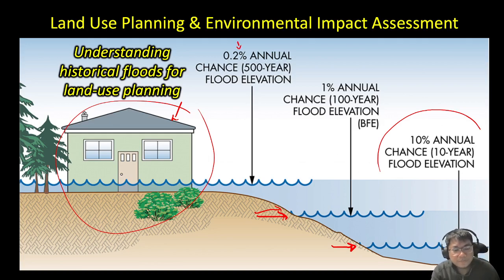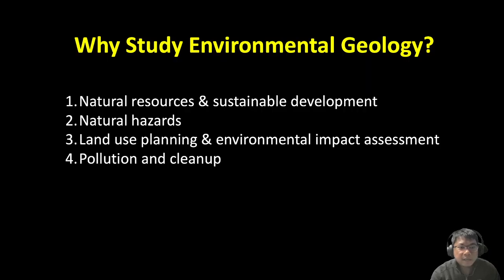Okay, so again, flooding is something that we're going to discuss in future modules, but again, this is just to give you an illustration that this is something that we think about in environmental geology. Okay, the next one is about pollution and cleanup.